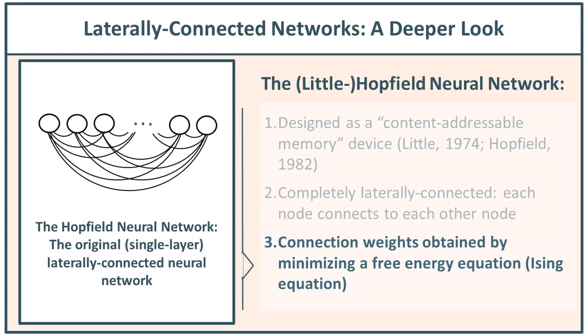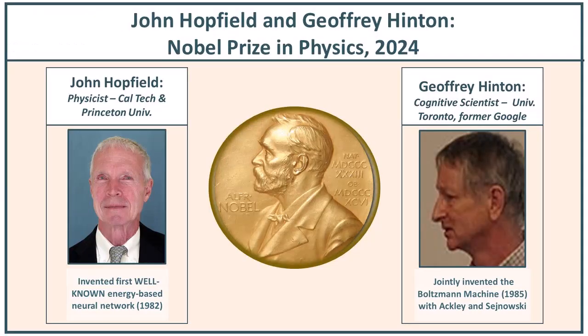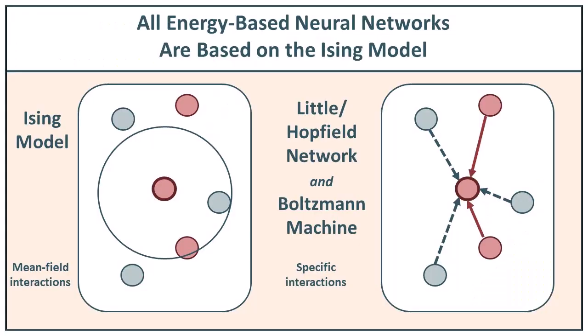Very helpful for you. So here's the thing. In an auto-associative neural network, and we'll start with the Hopfield neural network, one long layer, so to speak, of neurons, everything connects to everything else except to itself. And we know that the Hopfield neural network is brilliant in its conception. There is a reason why Hopfield and Hinton got that Nobel Prize in physics, and it was that beautiful genius move of going from the Ising model in statistical mechanics to a neural network.